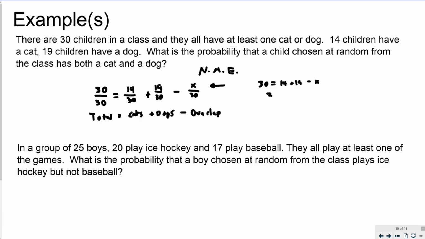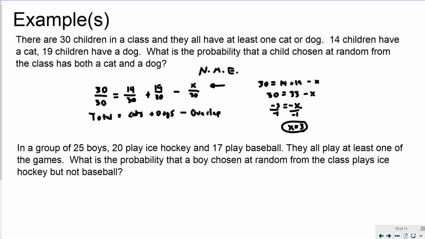So we get 30 equals 33 minus x. Subtracting 33 from both sides, I get negative 3 equals negative x, which then dividing by negative 1 on both sides, x equals 3. So x equals 3 here.